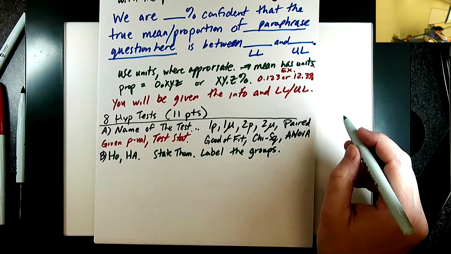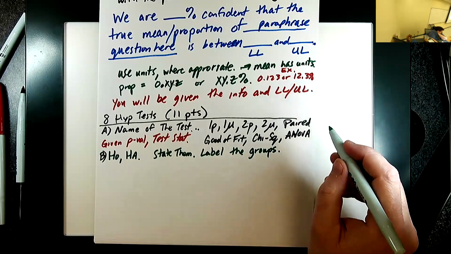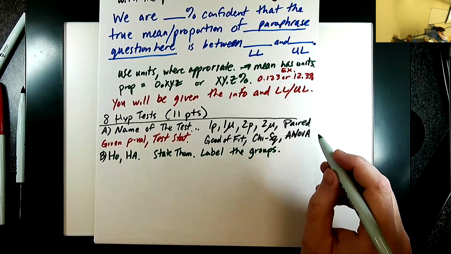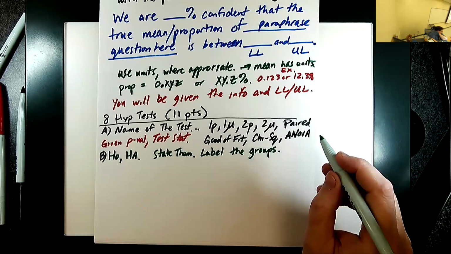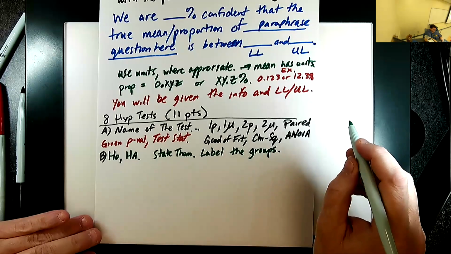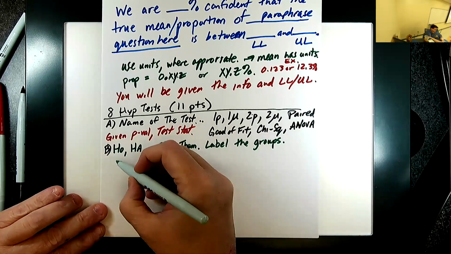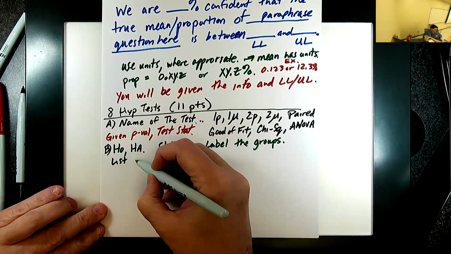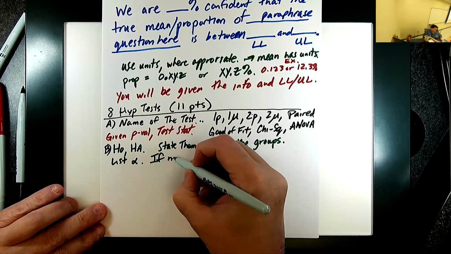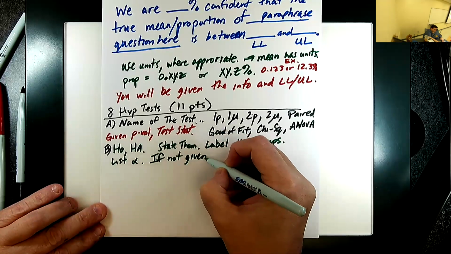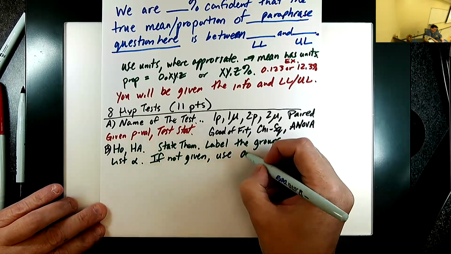If you do P1 minus P2 is greater than 0, and I don't know which one is your P1 and which one's your P2, it's absolutely meaningless. So if you label them, even if you put a 1 next to the name of one and 2 next to the name of the other, that's sufficient for me. They gotta be marked. You should list alpha. You're gonna need it anyways. If it's not given, use 0.05.